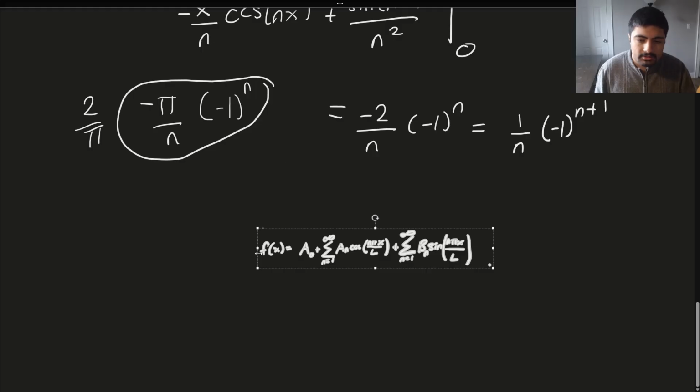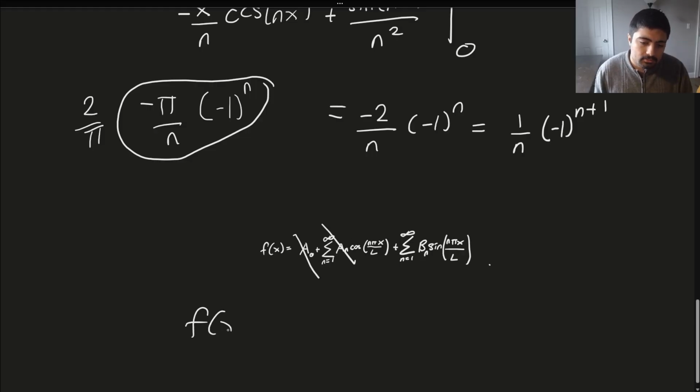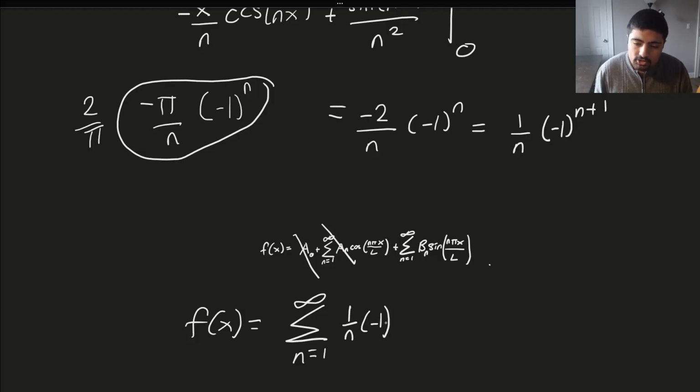Well, a sub 0 and a sub n were equal to 0, so we're just going to cross these out, and f of x will be equal to the summation from n equals 1 to infinity of 1 over n times negative 1 to the n plus 1 times sine of n pi x over pi, which is just going to be sine of nx.